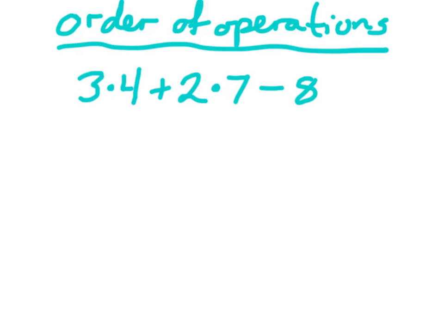Now, I'm not quite sure what this is going to be, but an order of operations here would say I have to, let's write that down on the side: Please Excuse My Dear Aunt Sally.